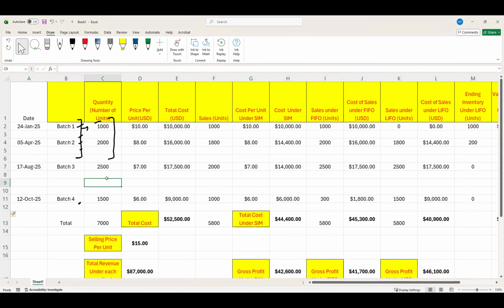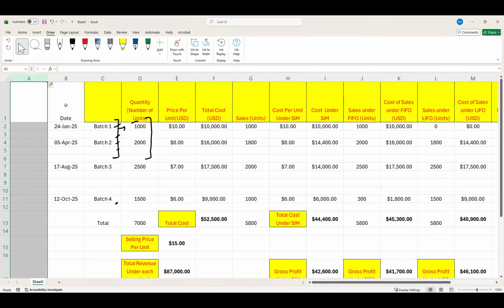The problem is that if I write the numbers over here, these sums have already changed now. So I'll have to actually add a separate column for sales. Okay, so let me just add a separate column once again. So this is date. The total units which were sold are 5,800.